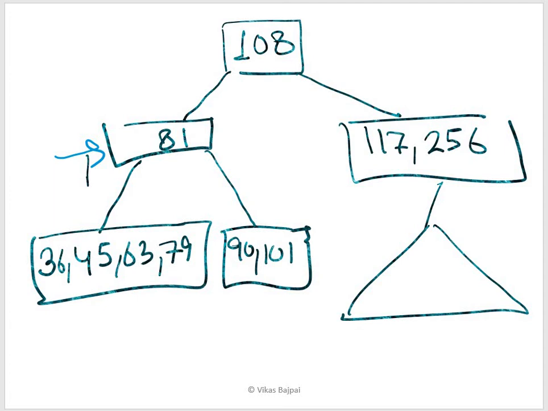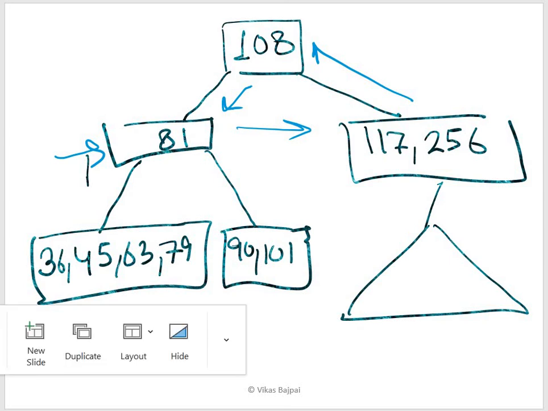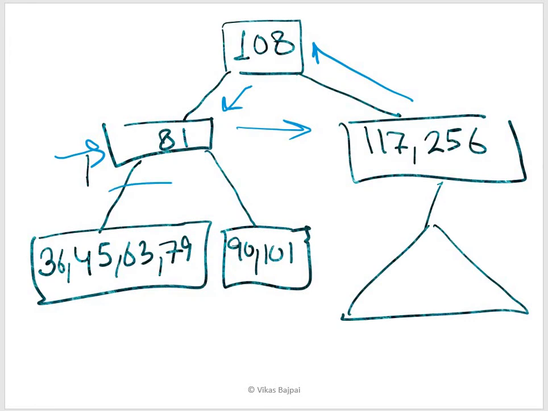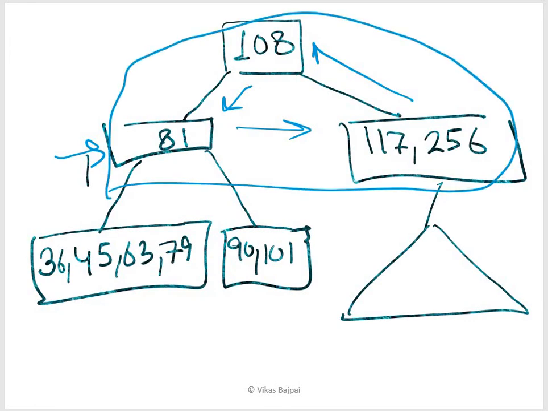Once again, 81 gets in touch with this, right? And will ask for some extra values. No, I don't have. So I am supposed to push some values and then get this. That means get this and this. That is also not possible. So the best option here is that I have to merge this particular set, and the rest everything remains the same. So how will my resultant tree be after merging this particular part?